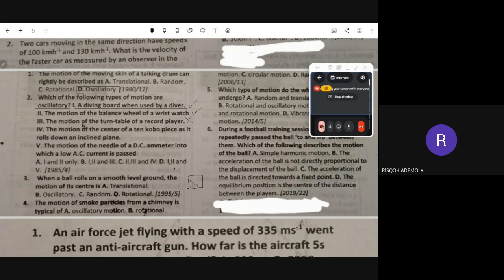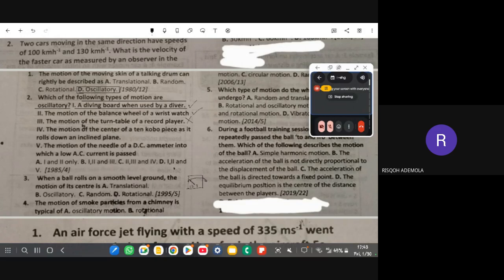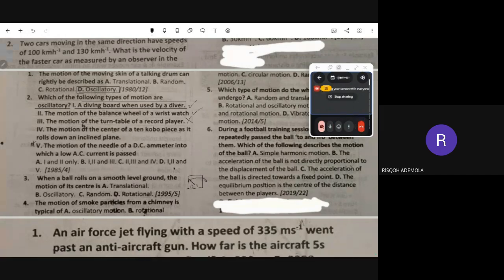You just observe that the arrow is going to go boom. That arrow that moves, that's what they are talking about. Now, this needle undergoes oscillatory motion. So this option here is also oscillatory.